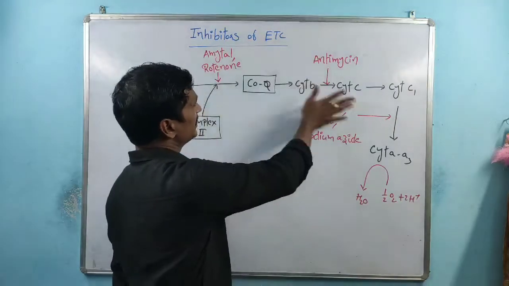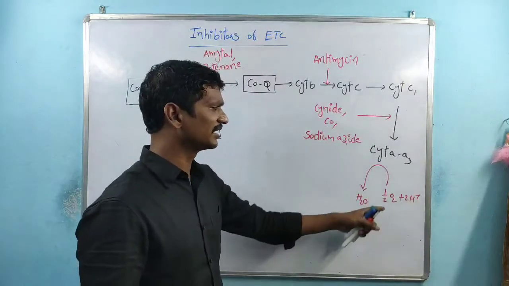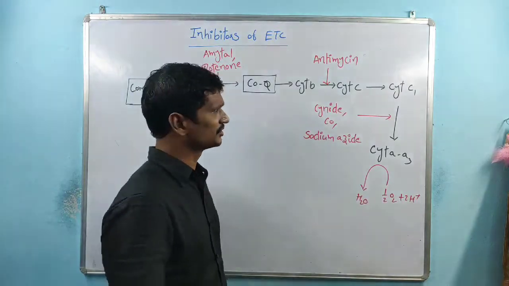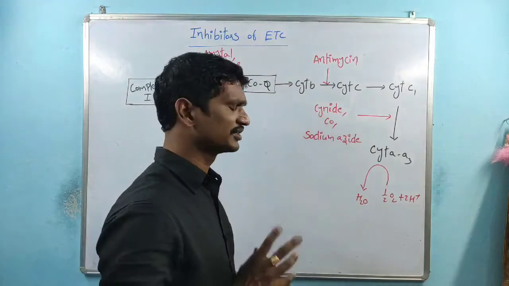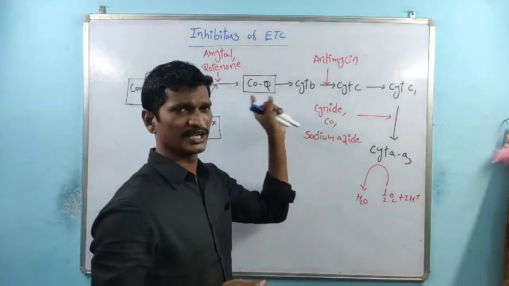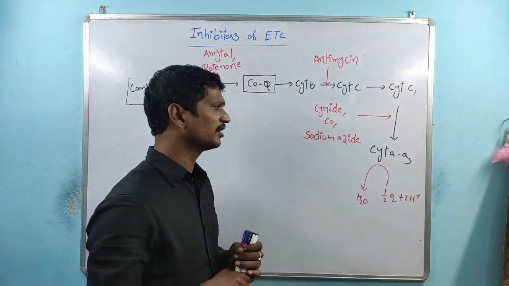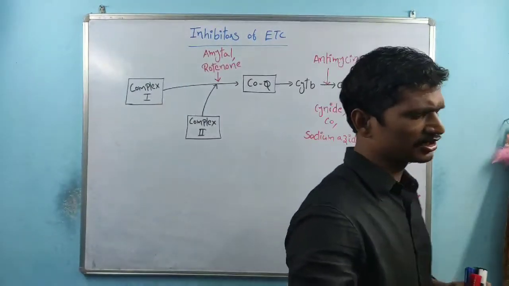If the flow of electrons is blocked anywhere in the electron transport chain, then there is no need for molecular oxygen, because if electron flow is there, molecular oxygen is definitely required. That is about the inhibitors of the electron transport chain.